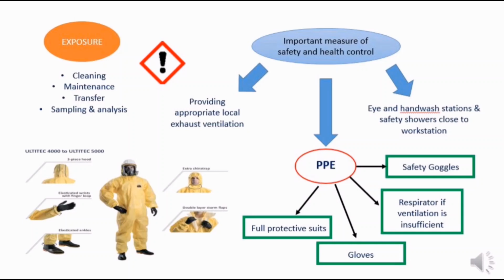And lastly, the PPE, which involves safety goggles, a respirator if ventilation is insufficient, gloves, and also full protective suits. You can see in the figure there is a man in a full protective suit. That is an example of full PPE. Thank you.